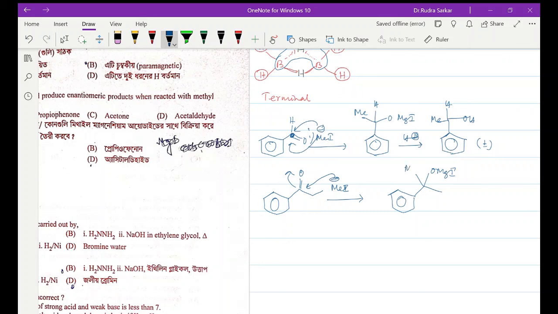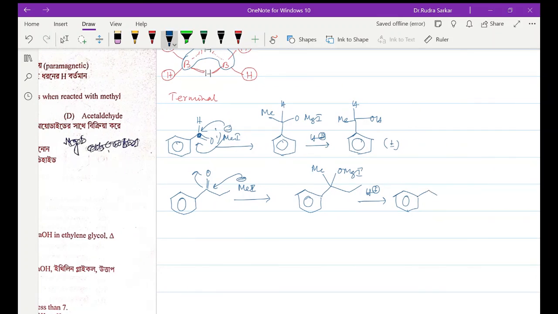And this is your Me. Acidic workup will give you both the plus and minus products.